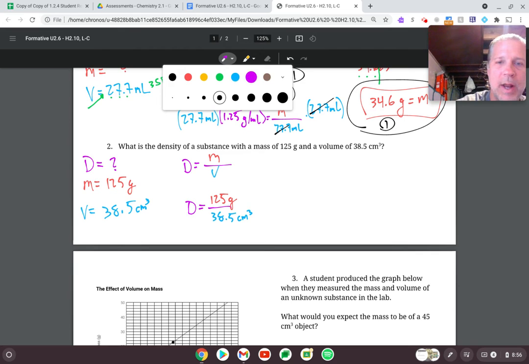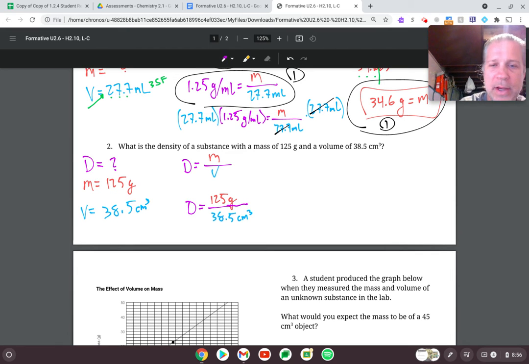And then when I plug that into the calculator, my calculator is going to give me a value of 3.246753247.